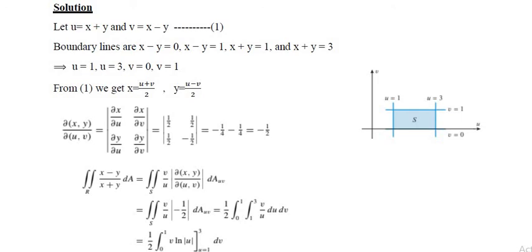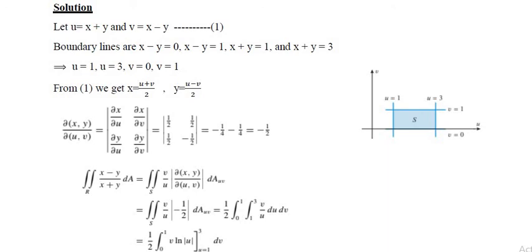So I have transformed from the xy plane to the uv plane, and I got the region S by plotting the lines u equal to 1, u equal to 3, v equal to 0 and v equal to 1.